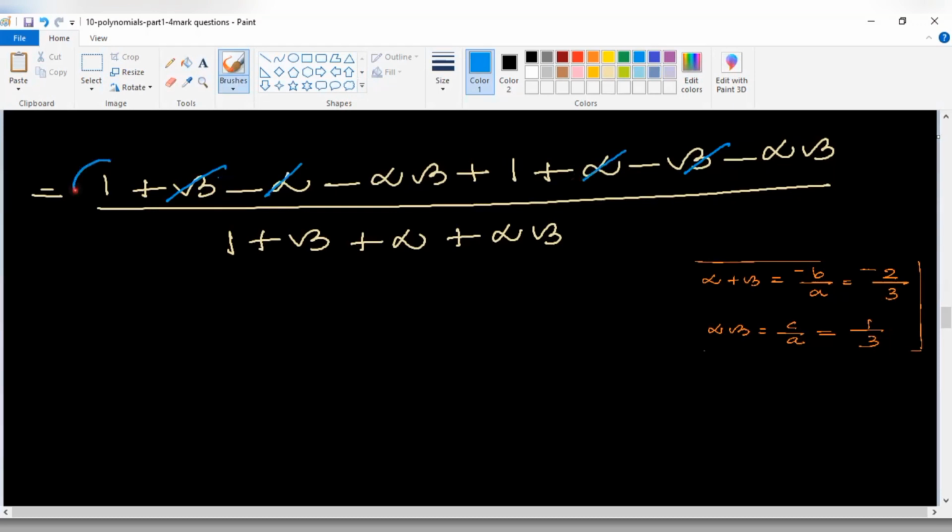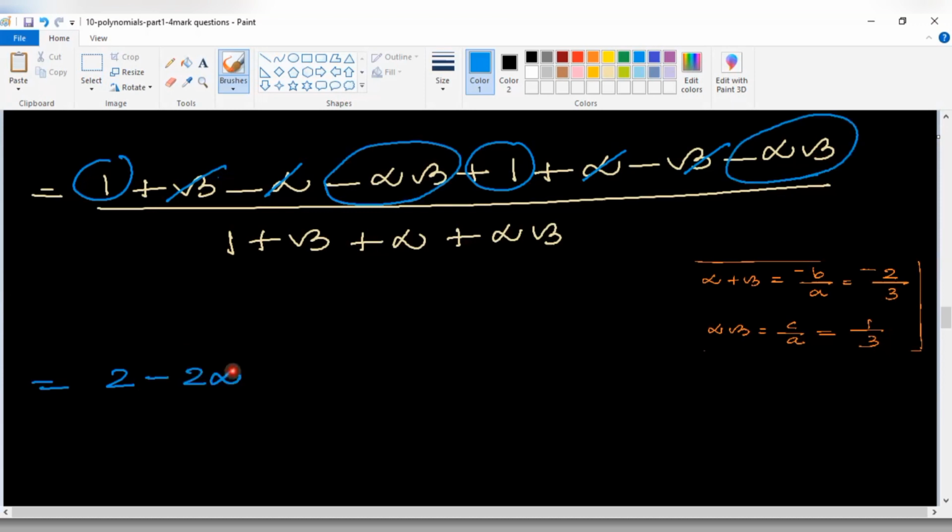What is left is 1 plus 1, so it is 2, minus alpha beta, so it is minus 2 alpha beta, divided by, here it is 1 plus alpha plus beta, just we have grouped them, then plus alpha beta.